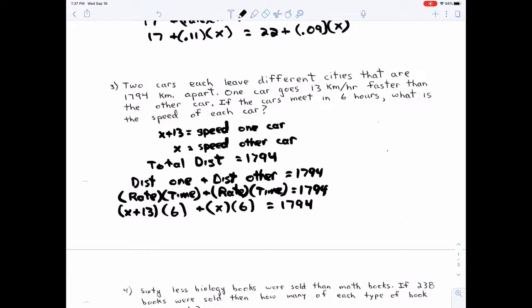instead of distributing the 6, why don't we divide away the 6? Because the 6 is in each term, right? This is one term, this is another term, and this is another term. And there is a 6 in 1794. Because if it was 1800, which is close to 1794, it's just 6 short of 1800. 1800 divided by 6 would be 300. 1794 divided by 6 would be 299.